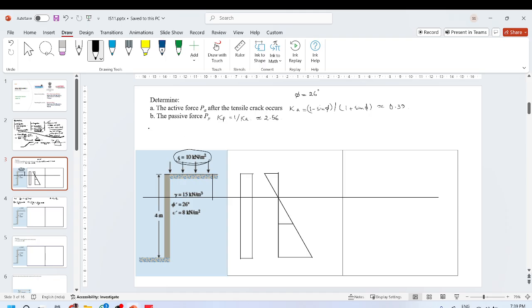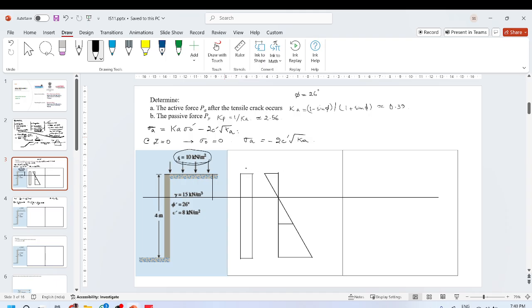I'll continue with the equation then. Sigma A equals Ka sigma naught dash minus 2c dash root Ka. So at z equals 0, you have overburden equals 0 and your sigma A is minus 2c dash root Ka.